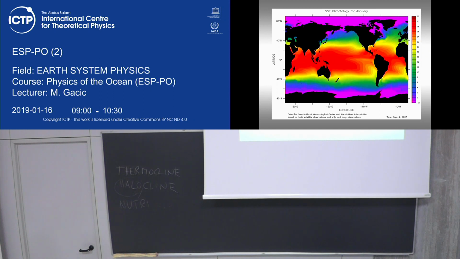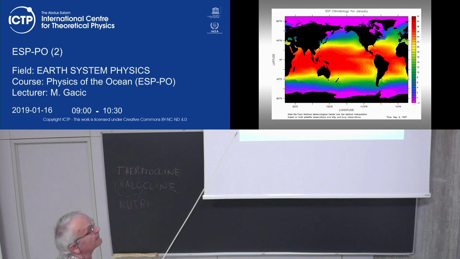Now let's see what the SST, sea surface temperature climatology, is, for example, for January over the world ocean. These data are based on both satellite observation and ship and buoy observation. So all the sea surface temperature measurements were put together, and we did the climatology for January.